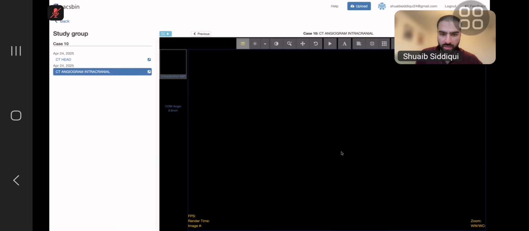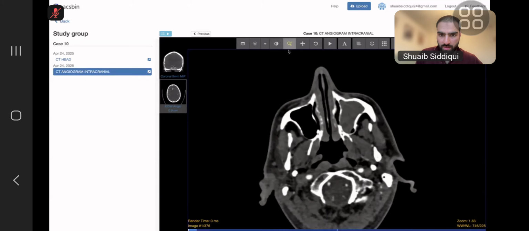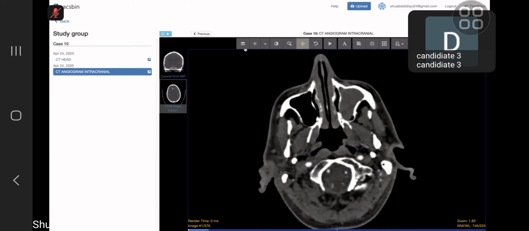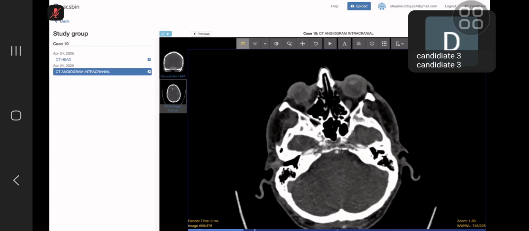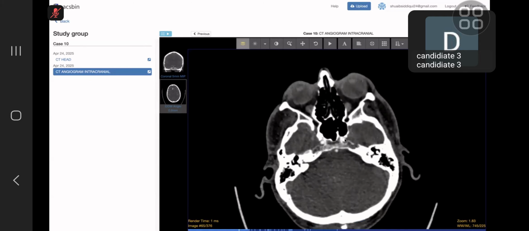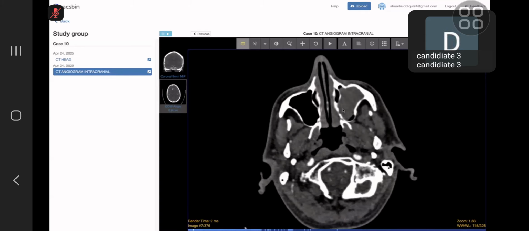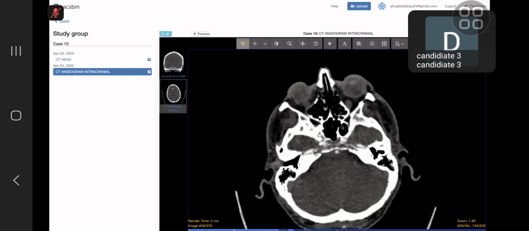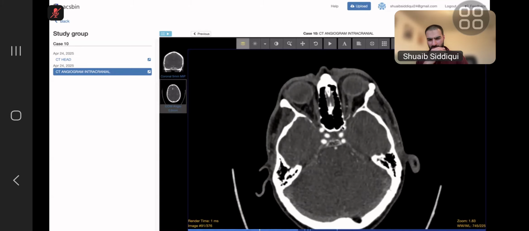So here's the intracranial angiogram. Let's zoom that up. Okay, you can scroll through. I've been provided with CT angio for the same patient. Sorry, it's lagging. Actually, just stop scrolling. Give it a second.